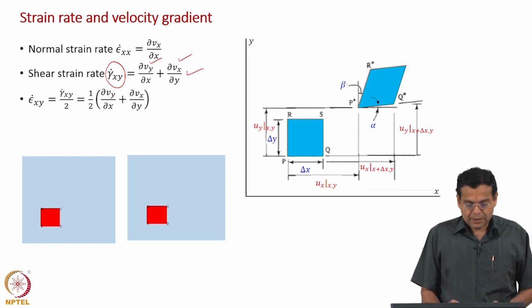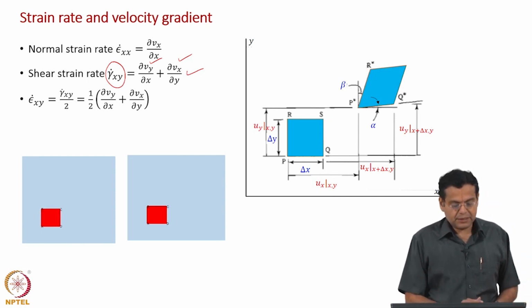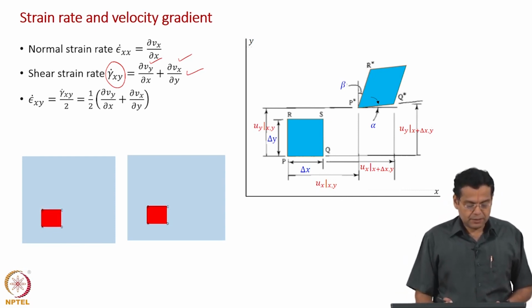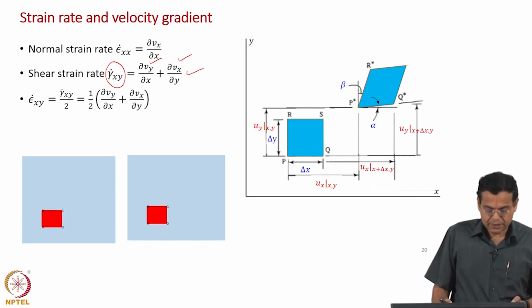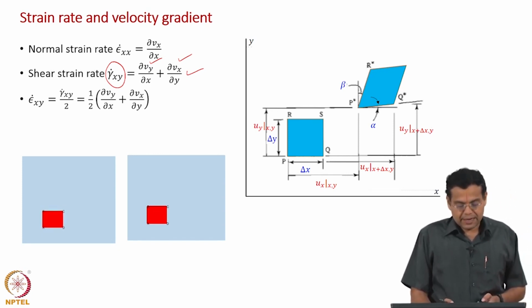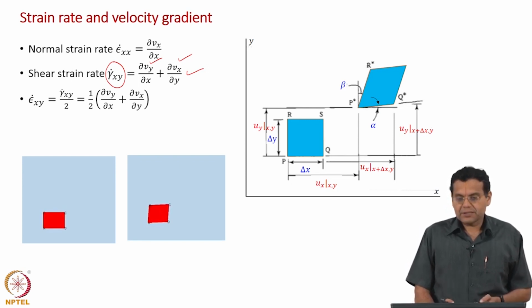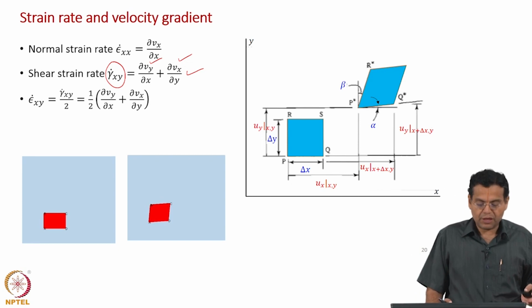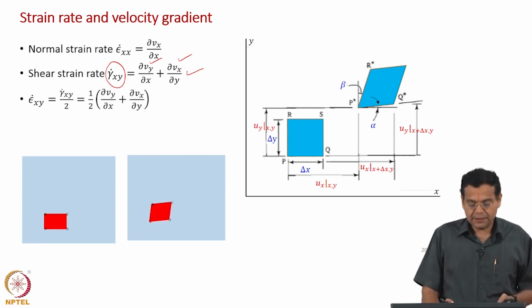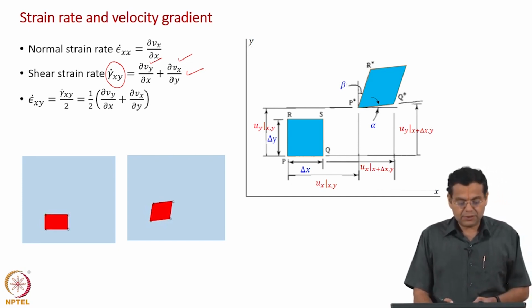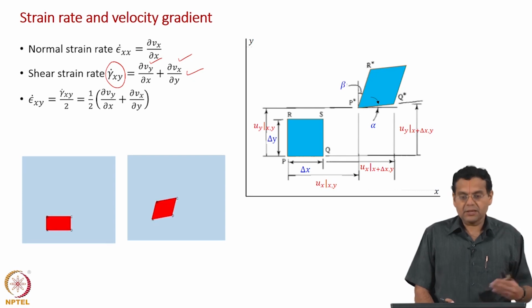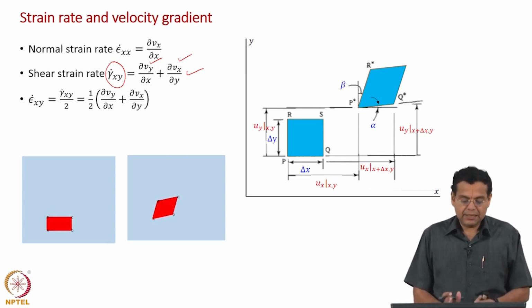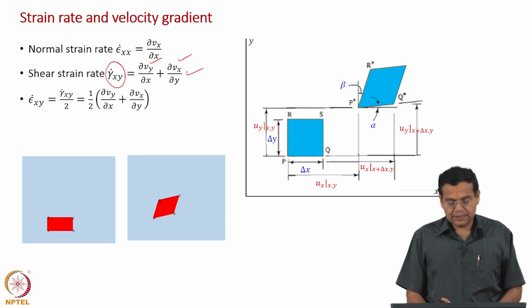And of course, we have these animations: one for normal strain rate on the left hand side, and the right hand side to illustrate shear strain rate. In one the length keeps increasing or decreasing, in the other the angle decreases with respect to time.